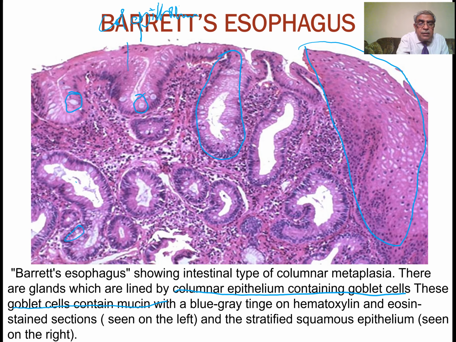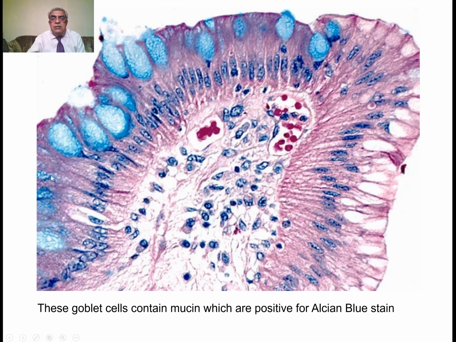This is the mucin, I marked it with M, which is blue-gray tinge on H&E staining, and then of course there is a stratified squamous epithelium. I have already marked it. Now this is an Alcian blue staining in which the goblet cells are stained blue.